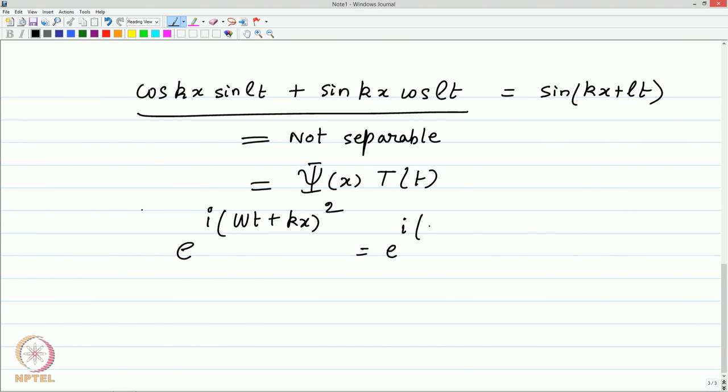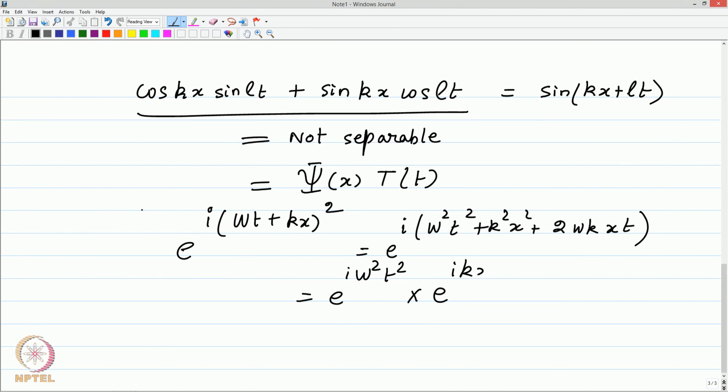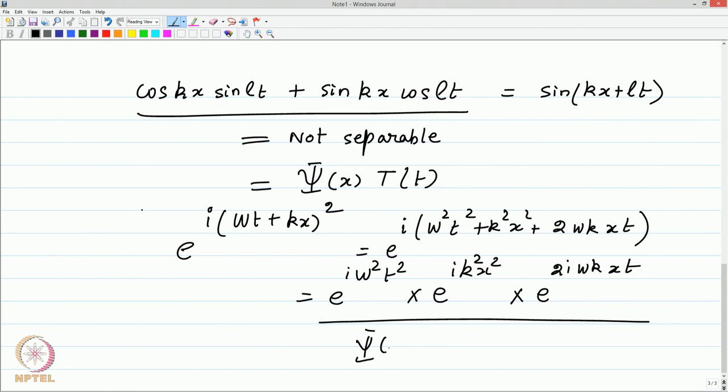It is e to the i omega squared t squared plus k squared x squared plus 2 omega k x t, and if you write this, it is e to the i omega squared t squared, a function of time only, times a function of i k squared x squared, but it is also a function of e to the 2 i omega kxt, and this may not be separable into a function of x only and a function of t only.